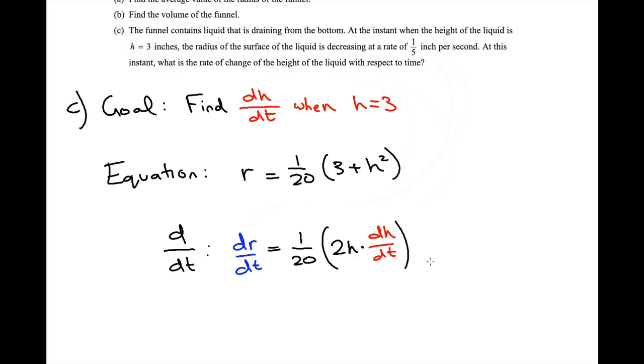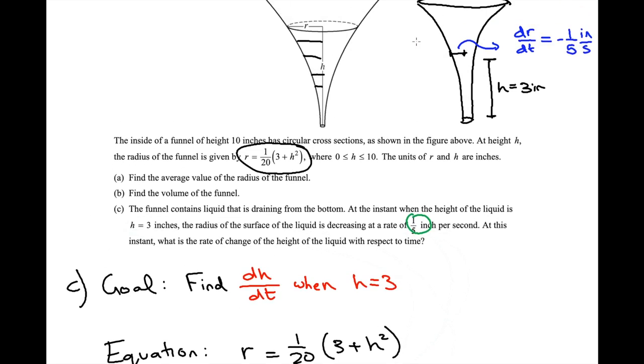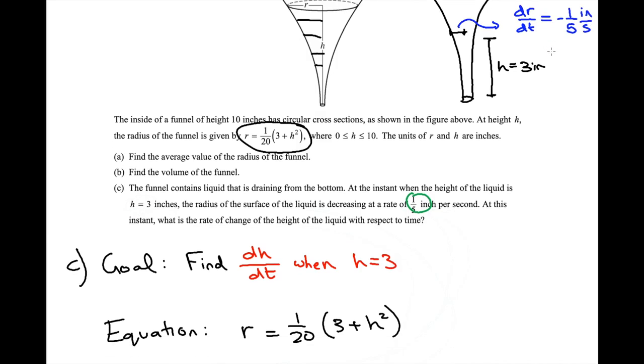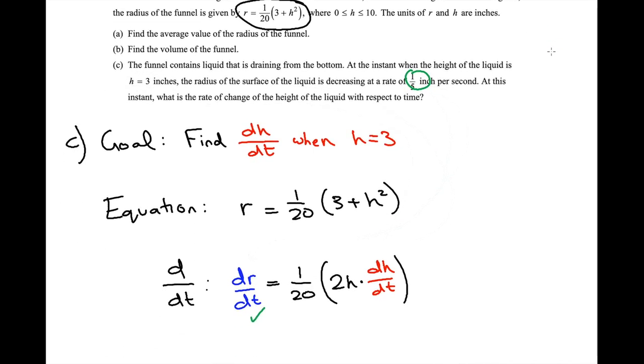Awesome. And now let's do a quick spot check and see if we know everything that we need to know to actually solve for dh/dt here. Well, I know what dr/dt is. That's going to be my 1/5 over here, and really, it's going to be my negative 1/5 up here. I know what my h is. That's just going to be 3 up here, and dh/dt is what I'm solving for.